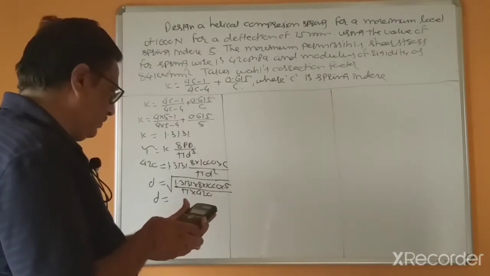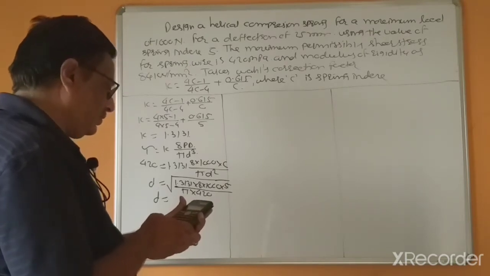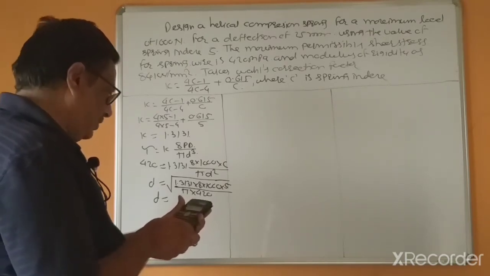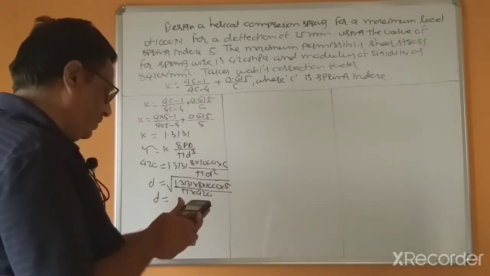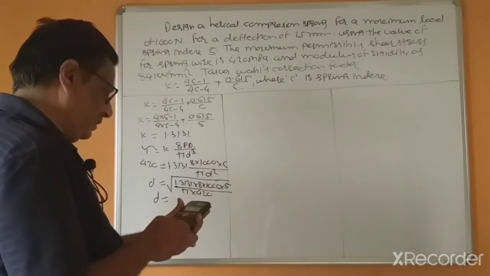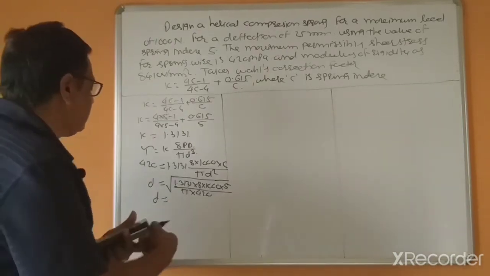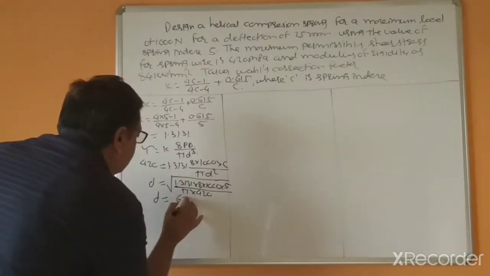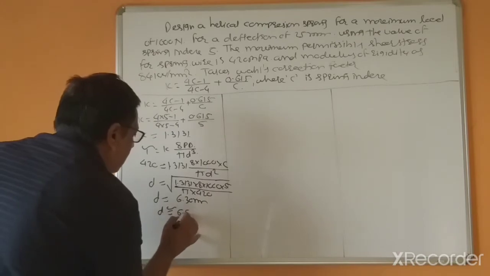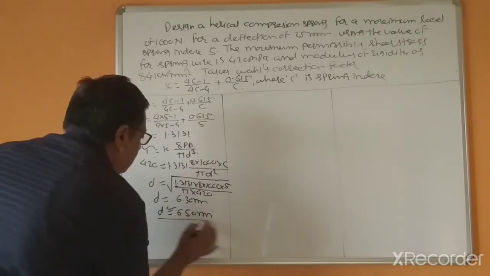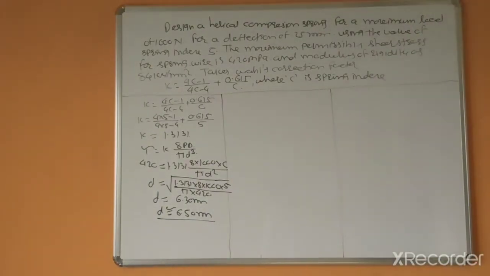1.3131 into 8 into 1000 multiplied by 5 divided by pi divided by 420, and this is under root. So this is d equal to 6.30. Suppose I will take d equal to 6.50, and this is the standard wire diameter.